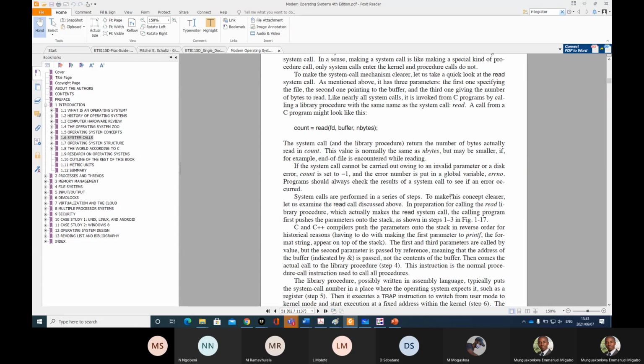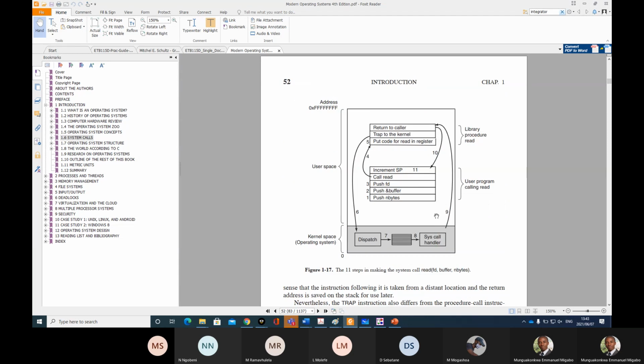Okay, and which parameters are we pushing on the stack? We are pushing a couple of things, including the number of bytes we want to actually read, for example. Okay, you want that to be pushed onto the stack.